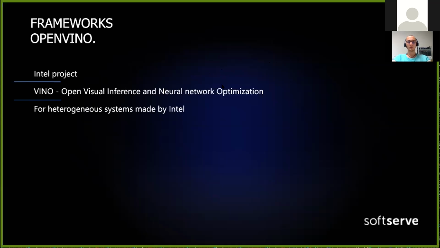OpenVINO is a product for heterogeneous systems made by Intel, and from the very beginning they used it to run and accelerate neural networks on CPUs and GPUs from Intel. And then after Intel bought Altera Corporation, it is also possible to use OpenVINO on Altera FPGAs like the 10 Nano or some other boards that you may know.